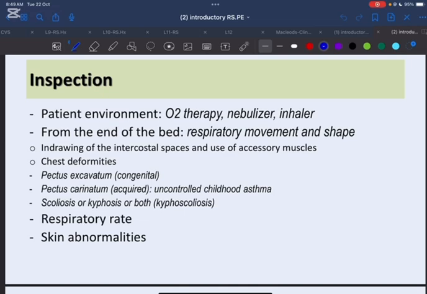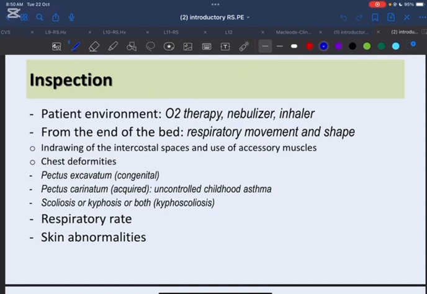From the end of the bed, if there are any skin abnormalities like a rash, spider nevi. Where do we see spider nevi? Mainly where? Right, the distribution, I mean.